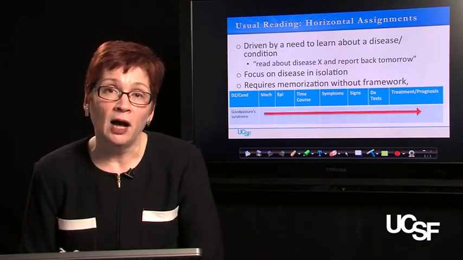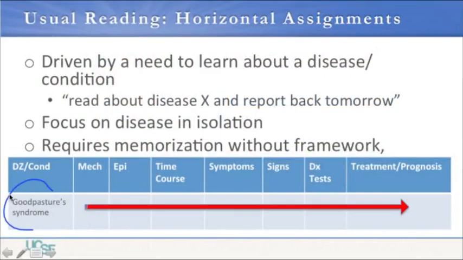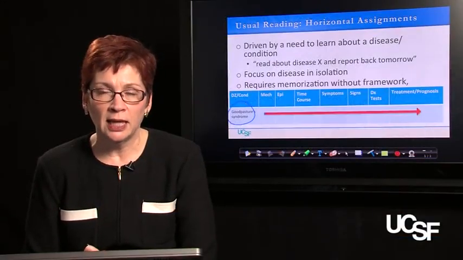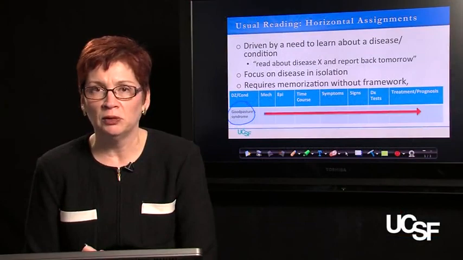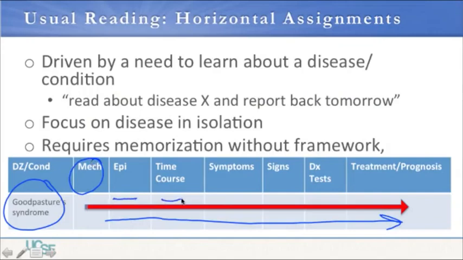So, for example, if I am on the wards and I tell my medical student, Mr. Jones has Goodpasture syndrome, go home and read about Goodpasture syndrome, typically that medical student will take a textbook off the shelf or perhaps a review article, and they'll read horizontally, meaning they'll read about the mechanism of disease, the epidemiology of disease, the time course over which this disease presents, classic signs and symptoms, what diagnostic tests might be useful, and then what treatment options might be possible if, in fact, it turns out that Mr. Jones does have Goodpasture syndrome.